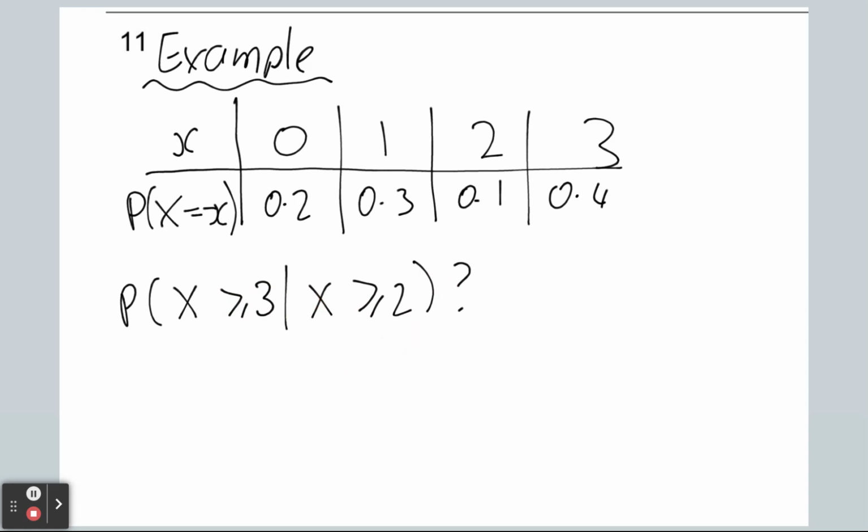Now, remember that's the given symbol. Without this bit here, it'd be what's the probability of x greater than or equal to 3? And you'd look at the table and you'd say, well, the only value that's greater than or equal to 3 is 3, and so the probability would be 0.4. Done. But how would you do it with a given statement?